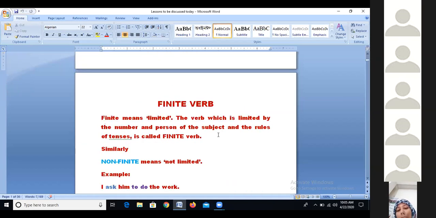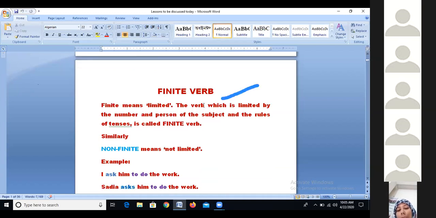Just come to the first topic, finite. What is finite? The idea of finite verb is very important, because whenever you are going to make a sentence, you must know finite verb, because this very particular verb will help you produce sentences or prepare sentences.